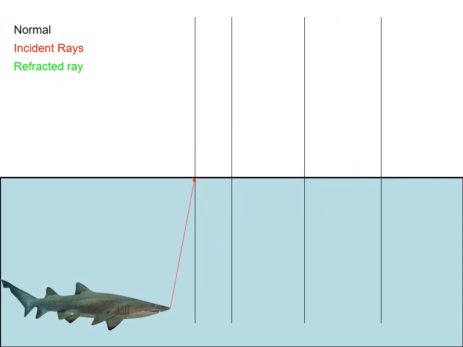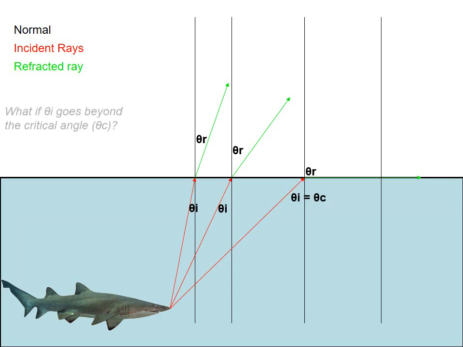So let me show you that concept. Again, I'm increasing my angle of incidence. As I increase my angle of incidence, the angle of refraction increases. Eventually I get to an angle of incidence where the angle of refraction is 90 degrees. That would be theta c, in other words, the critical angle. At the critical angle, I don't have total internal reflection yet because I still have a refracted ray.